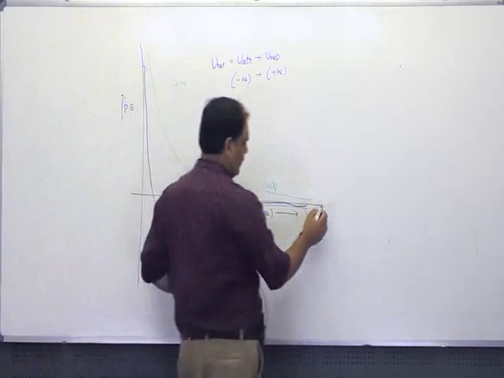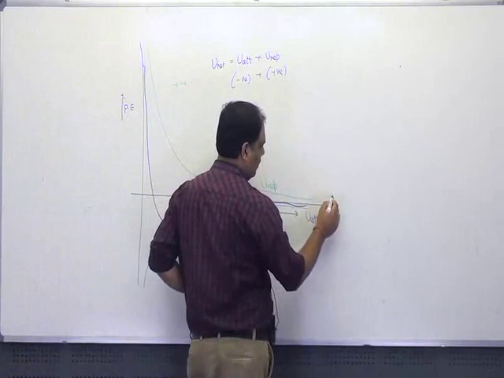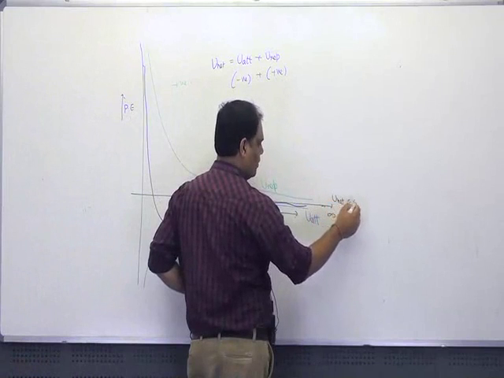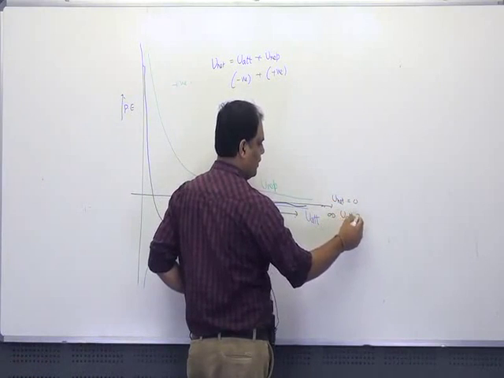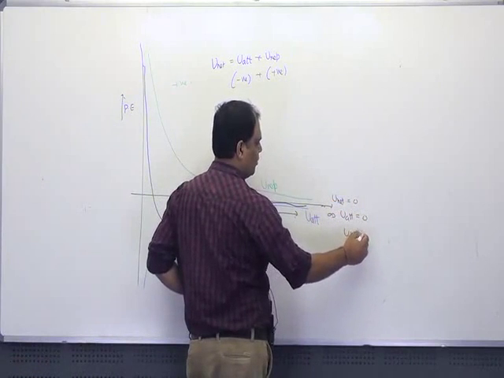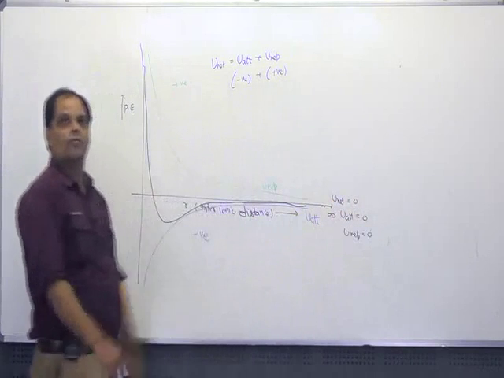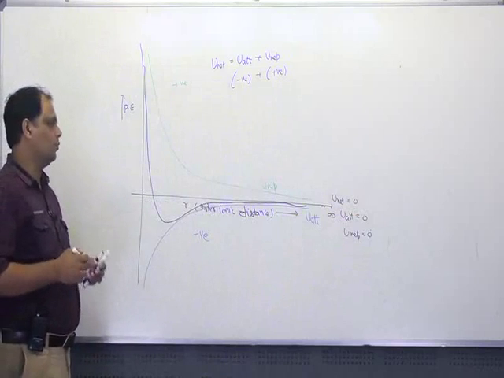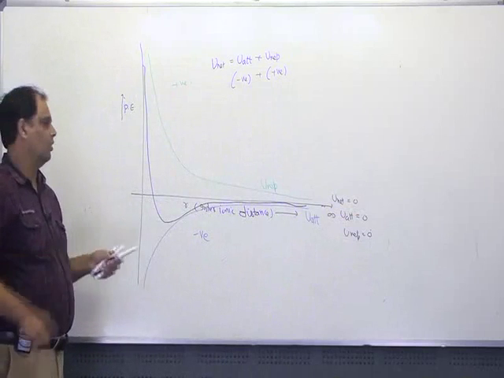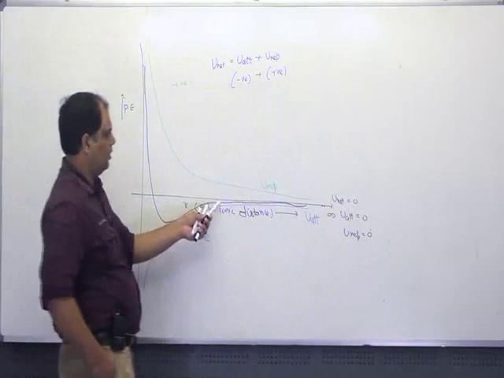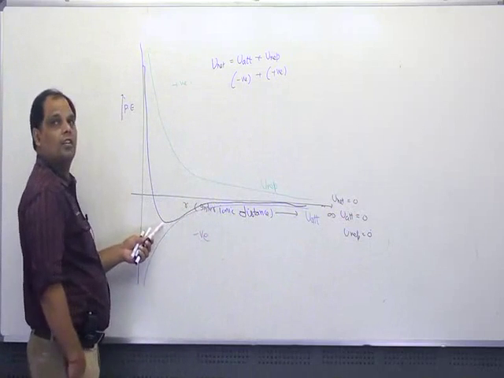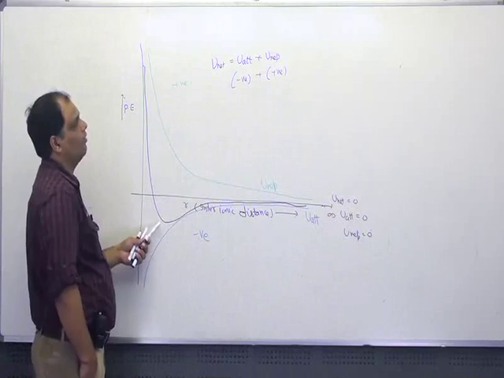At infinite distance, when R is tending to infinity, U net is tending to 0, U attractive is tending to 0, and U repulsive is also tending to 0. But as these ions move close, the potential energy keeps on decreasing because the contribution of attractive is more.